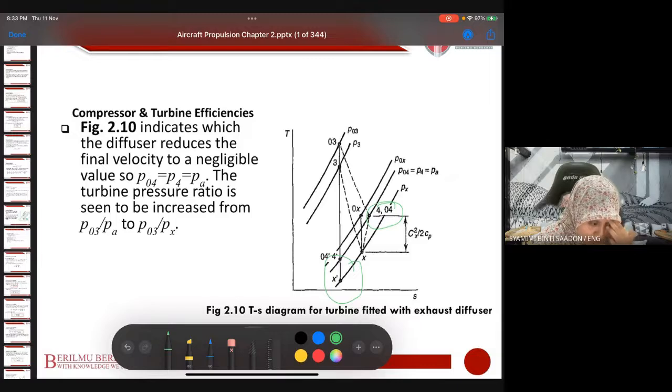The turbine pressure ratio is seen to be increased from PO3 over PA to PO3 over PX. This is the A, PO3 over PA. This is X, PO3 over PX. When we increase the turbine pressure ratio, of course we increase the work output, the net work output of the cycle. So that is one of the interests.